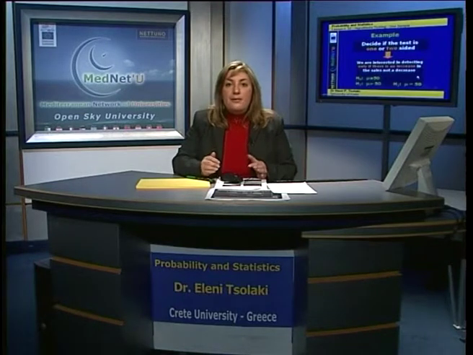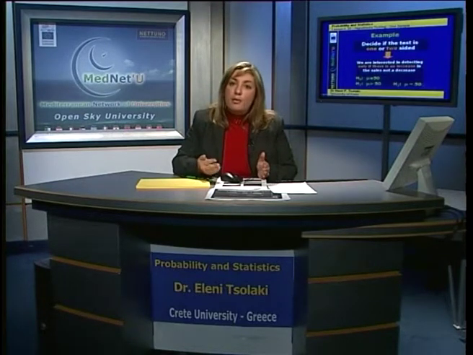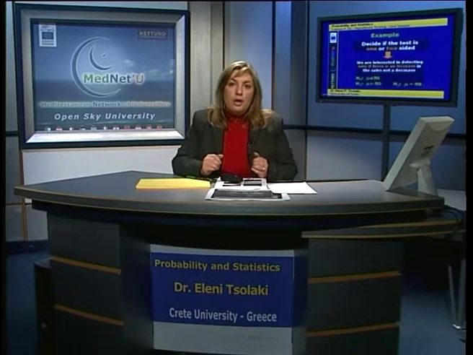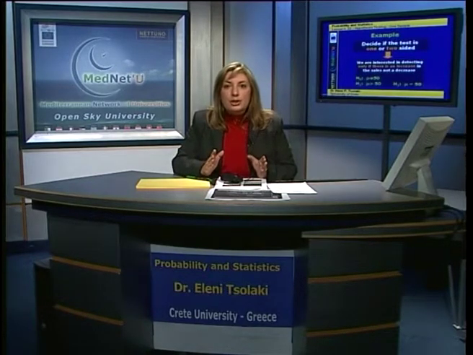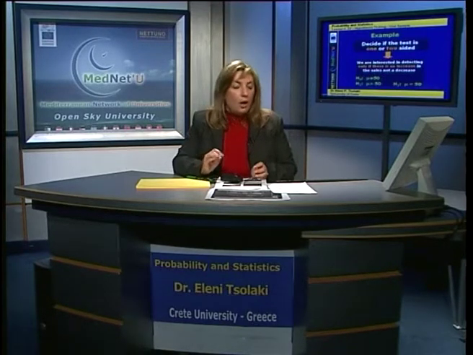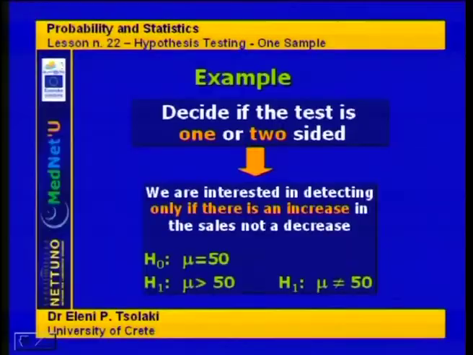But if there is an increase, the company is interested to find out to use the new method. So we see here that we are actually asking a one-sided question. We are only asking if the mean is greater than 50 and not if the mean is less than 50.